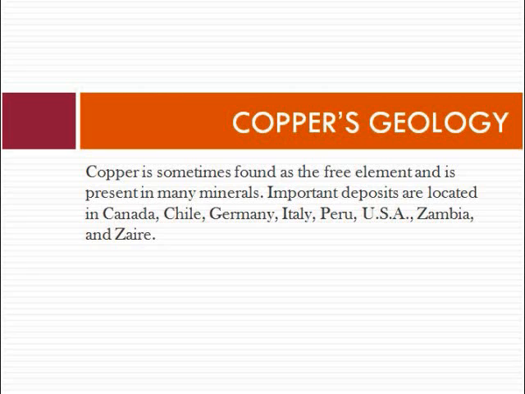Chapter 6 is about the geology and biology of copper. Copper is sometimes found as the free element and is present in many minerals. Important deposits are located in Canada, Chile, Germany, Italy, Peru, USA, Zambia, and Zaire.